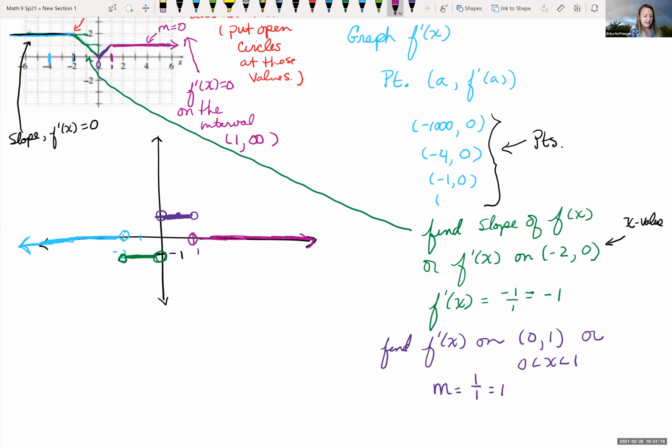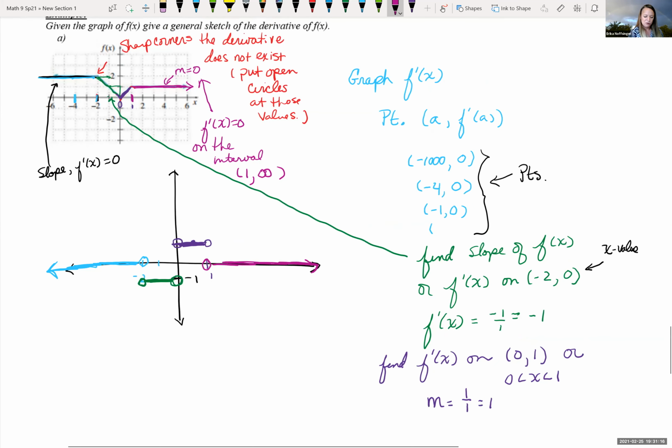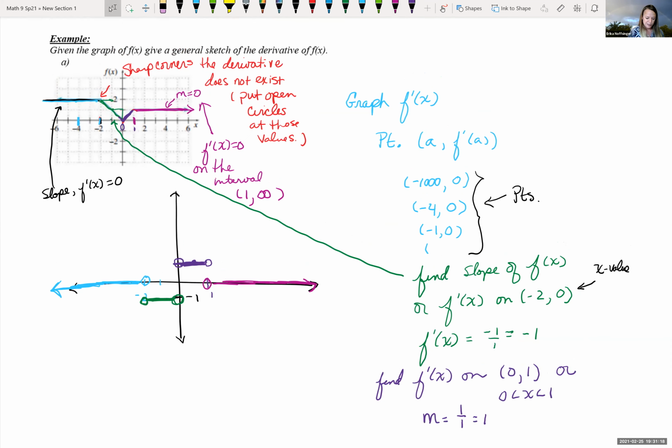So it takes a little while and a little practice of doing this. And it's thinking again, what's going on when we're finding the derivative. The derivative is the slope. And so if I'm trying to graph the derivative function, I have the same x values and I need to look at my original function and at that x value, what is that slope? And the point's going to be x, f prime of x.